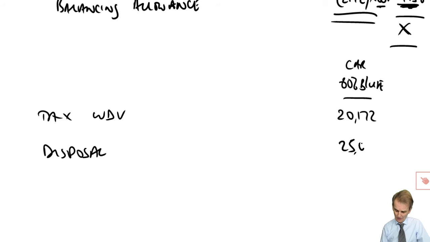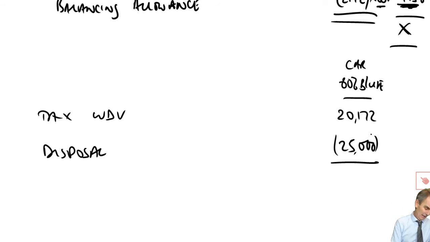So we deduct the £25,000. What that will give rise to, well, let's get the number first of all. 20,172 minus 25,000, so it's 4,828, I think. 4,828. Yeah, I think so. Just check that with your calculator anyway.